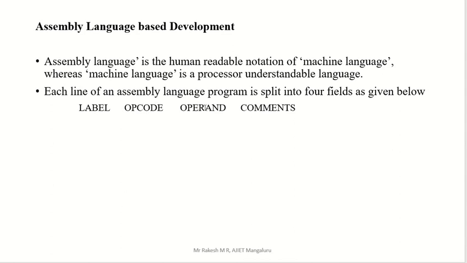So this is the complete format for an assembly level instruction. Label is optional and user defined, opcode is predefined, and there we have the operation to be done, and here we have data or memory or register, that is 1, 2, or 3 operands.